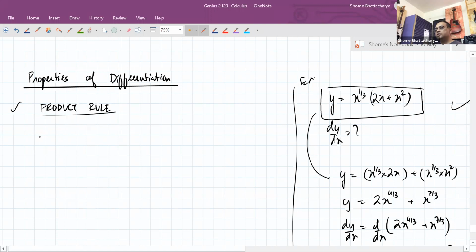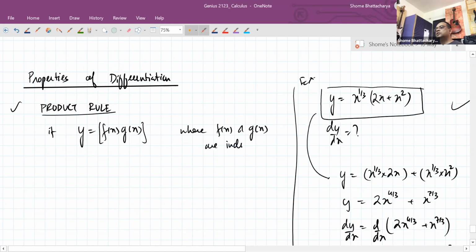So the proper way of writing the product rule is that if y is a product of two functions, let us say it is f(x) into g(x), where f(x) and g(x) are individual functions. Okay. Example, y is equal to x square into sine x. So you can see that f(x) is equal to x square and g(x) I would express as sine x.